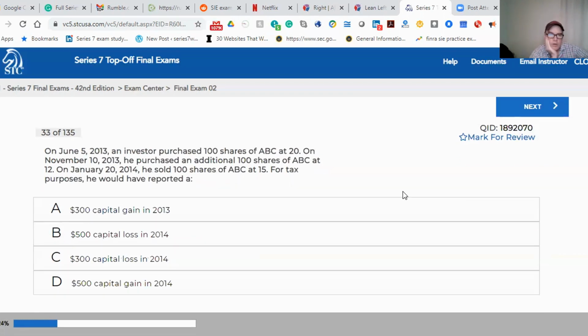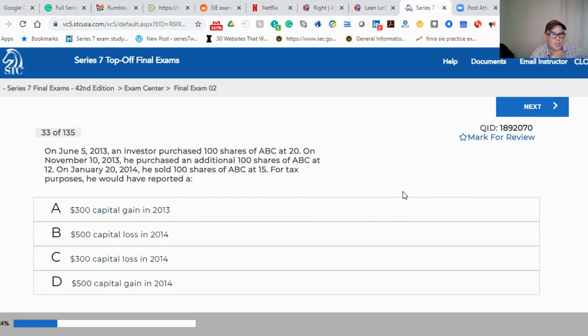On June 15th, an investor purchased 100 shares of ABC at 20. On November 10th, he purchased an additional 100 shares of ABC at 12. Let's see if they're doing a wash sale game. On January 20th, he sold 100 shares at 15. For tax purposes, he would have reported what? Since he didn't mention a method, you're going to have to do FIFO.